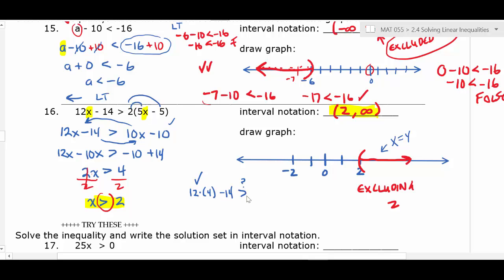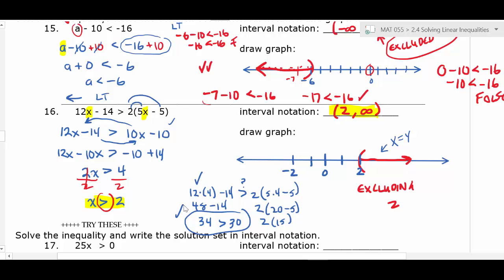Let's see if it's greater than 2 times 5 times 4 minus 5. Okay, this is 48 minus 14. 48 minus 14 is 34. This side would be 2 times 20 minus 5. This would be 2 times 15, which is 30. So we end up with 34 greater than 30, which is true. Okay, that's how you can tell you're right.